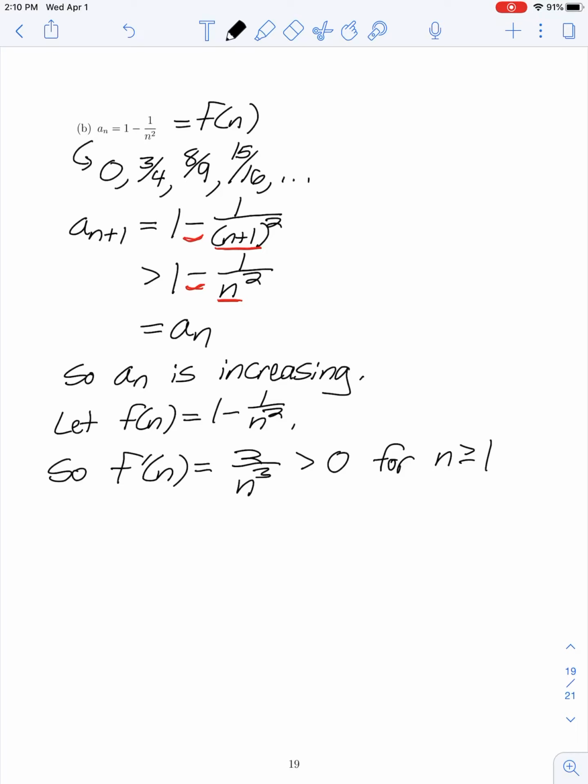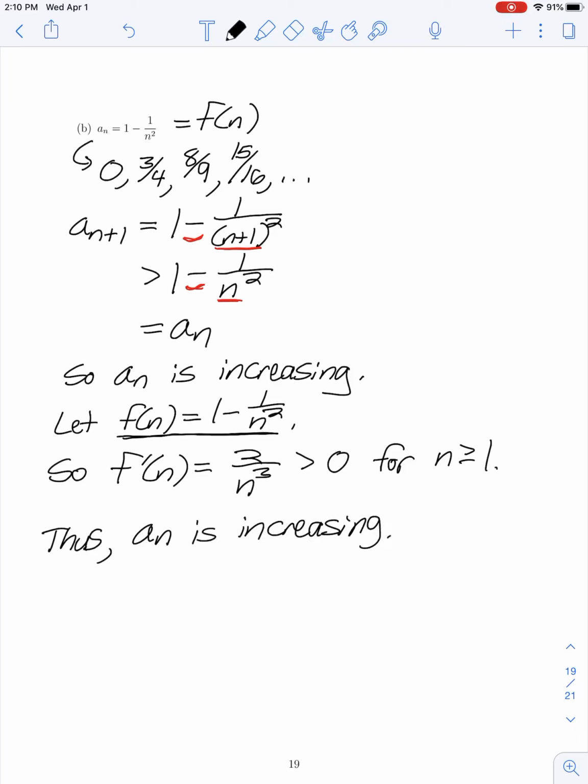And as long as n is greater than or equal to 1, this expression would be positive for all of the terms of our sequence, starting at 1 and moving forward. So if the derivative of a function is positive, that means the function itself is increasing, and this function is defining the term of my sequence.